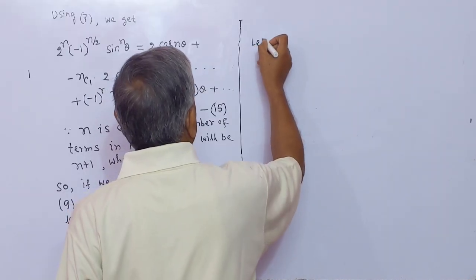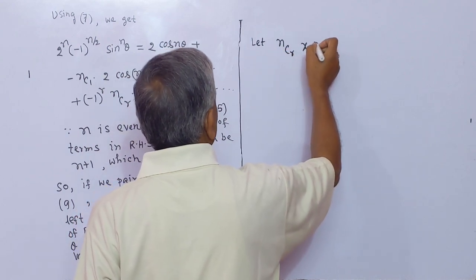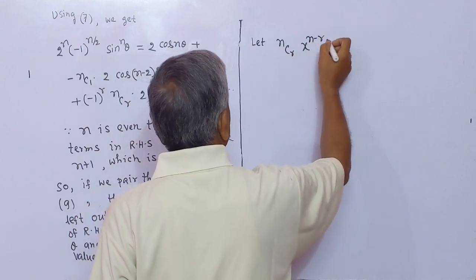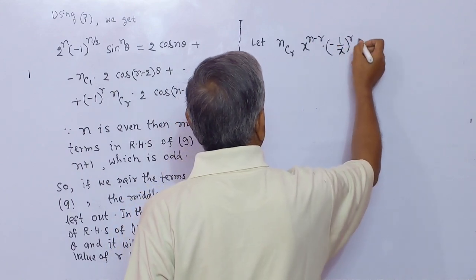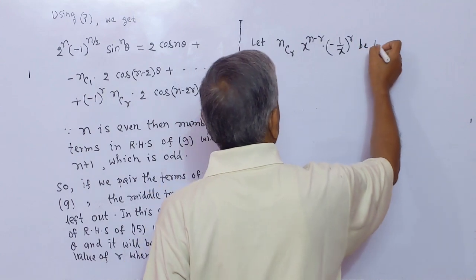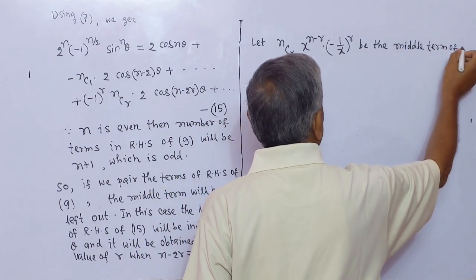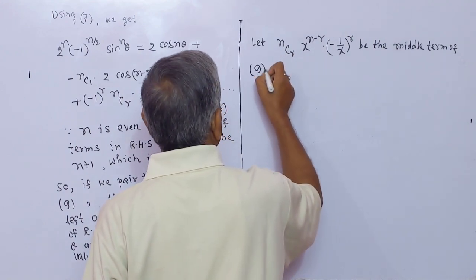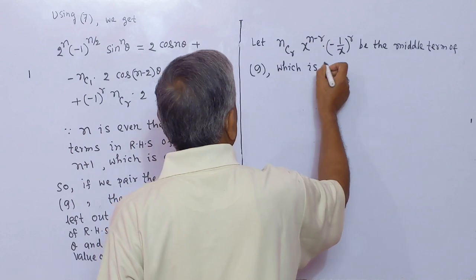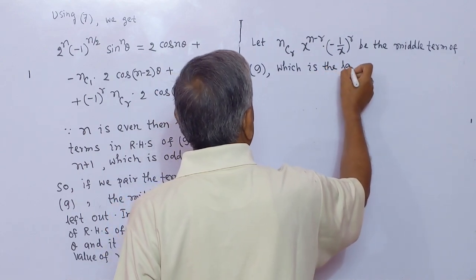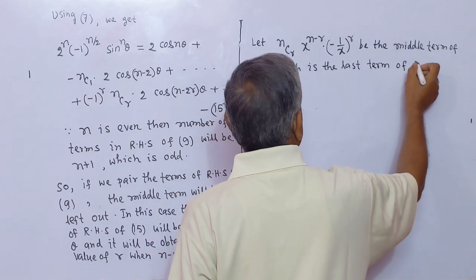Let nCr x to the power n minus r multiplied by (-1 by x) whole to the power r be the middle term of 9, which is the last term of 15.